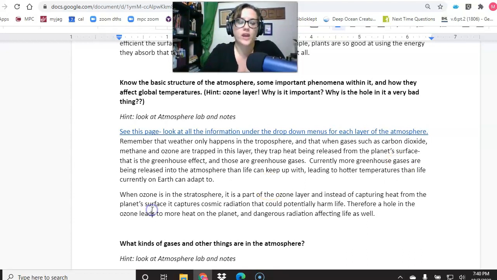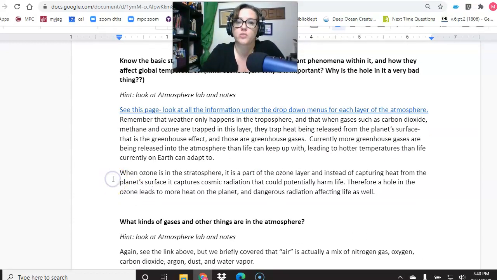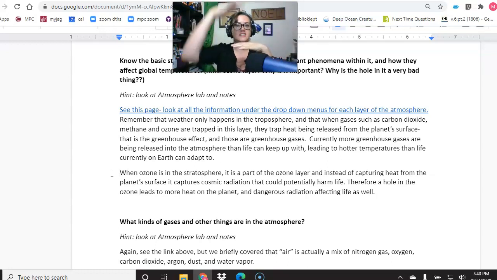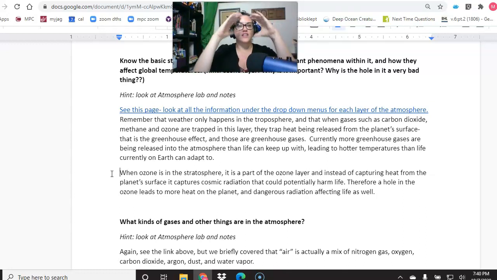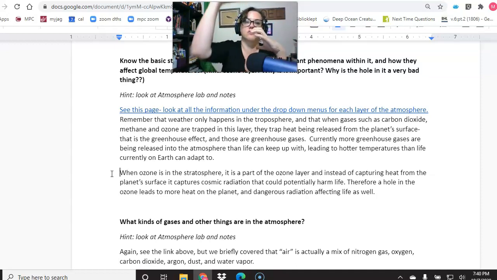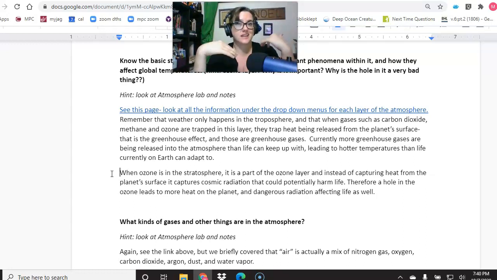Okay, when ozone is in the stratosphere, remember again, we have troposphere and then stratosphere. If there's ozone in the troposphere, it's capturing the heat from below. If there's ozone in the stratosphere, it captures heat from above, which is all the cosmic radiation coming from space trying to kill us. And so thankfully that ozone layer is around our planet in the stratosphere, except where there are holes, and it's grabbing all that cosmic radiation, like gamma radiation from the sun, so that it doesn't get to the planet.